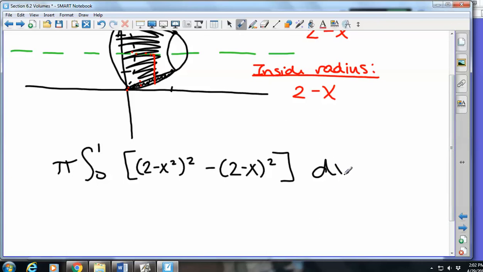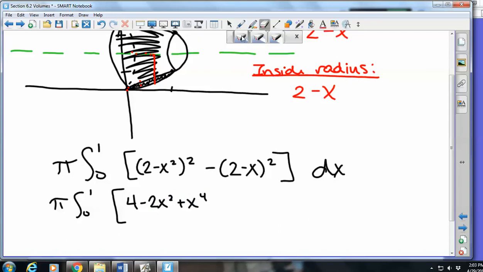Have I lost anybody? So I would probably multiply all this out before I try to integrate. I think that would help a lot. So that would give me 4 minus 2x squared plus x to the 2 minus 4x squared.